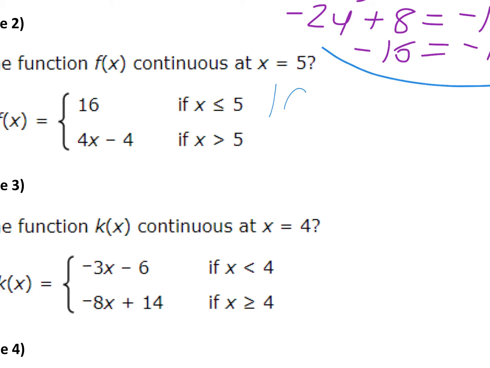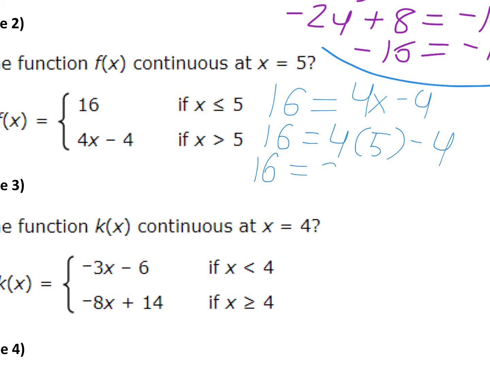So we have 16 is equal to 4x minus 4. Now we're going to plug in our desired value, x equals 5, into any x values we have. So 16 is equal to 4 times 5 minus 4. 16 is equal to 20 minus 4. 16 is equal to 16. They are continuous at x equals 5.